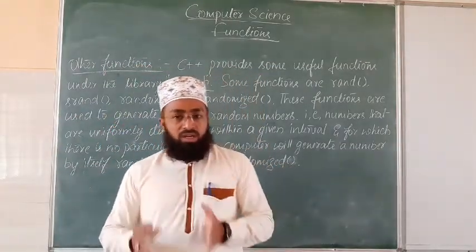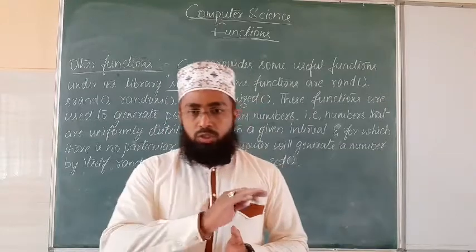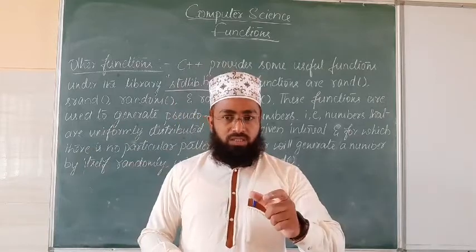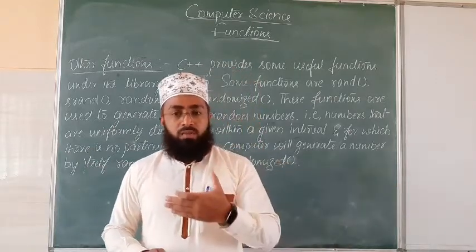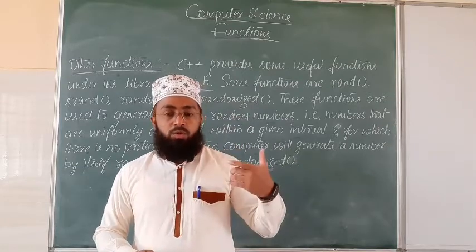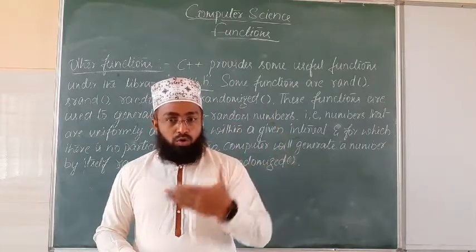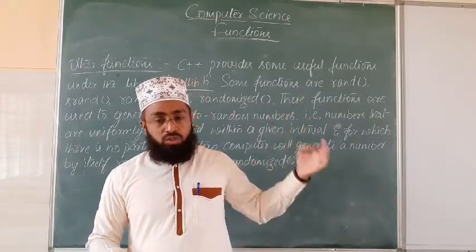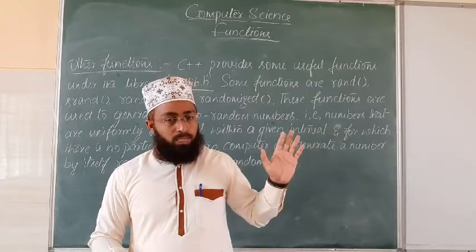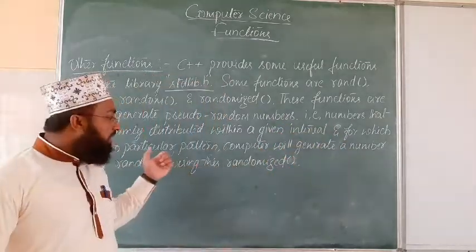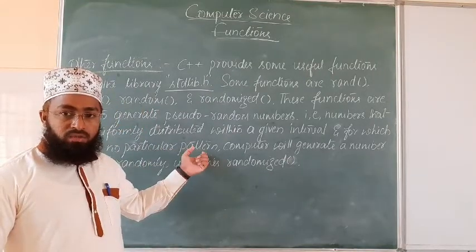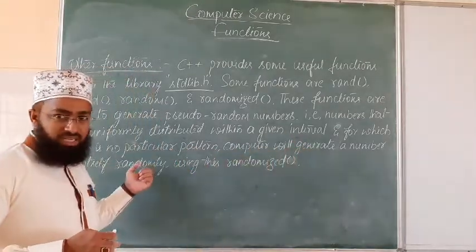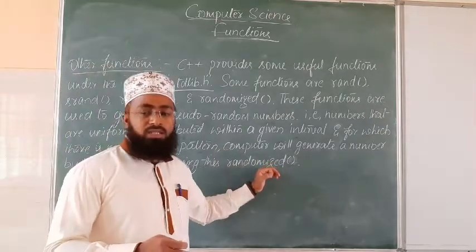This means a list of numbers is given and a particular time is given, and the numbers can be distributed in the given time. That is called pseudo-random numbers. For numbers which do not have any particular pattern, the computer will generate the number itself by using the randomize function.